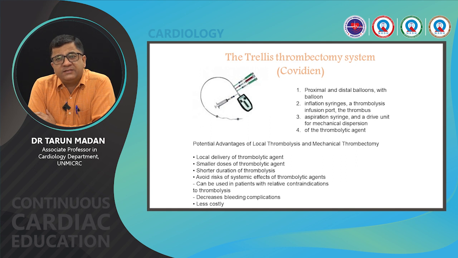Inflation syringes are there, aspiration port is there, and the infusion port for the thrombolytic agent. Local delivery of thrombolytic agent is because of this machine. Smaller doses of thrombolytic are used, shorter duration of thrombolysis, and it can be used in patients with relative contraindication to thrombolysis. It's less costly.